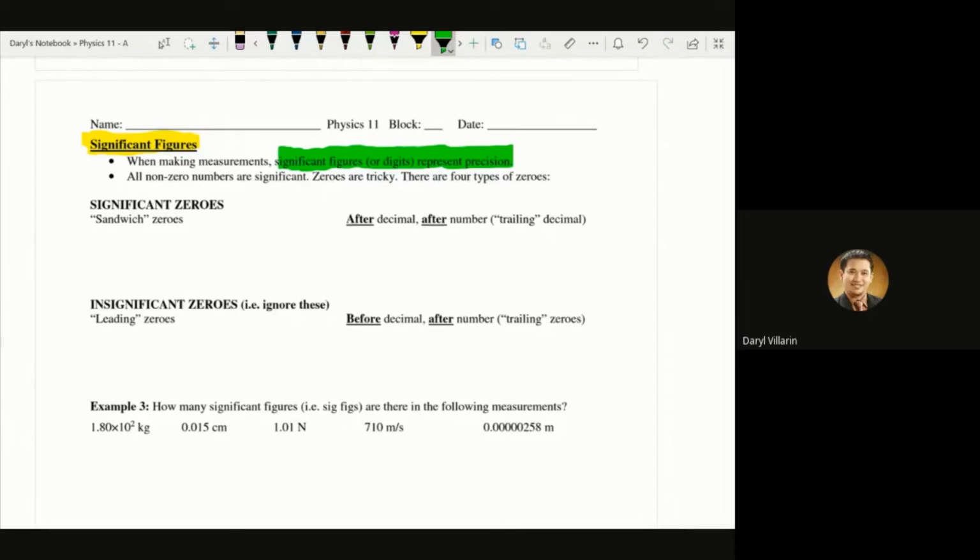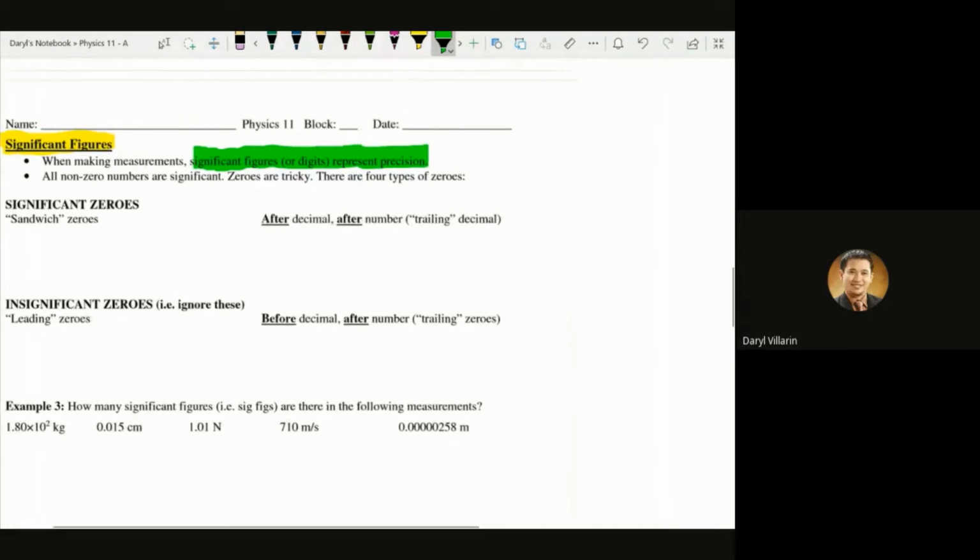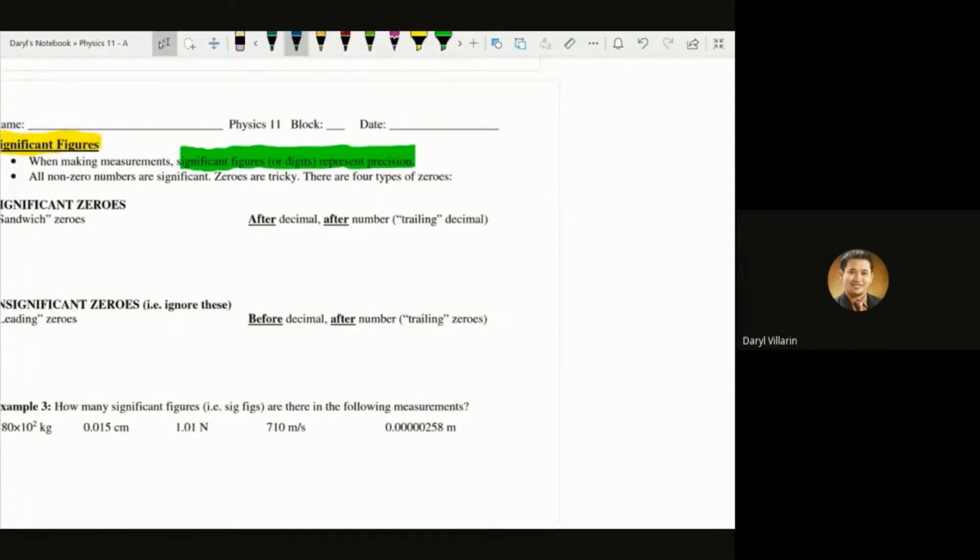So let's take, for example, your common ruler. Just use the side upon which you see the centimeter scale.